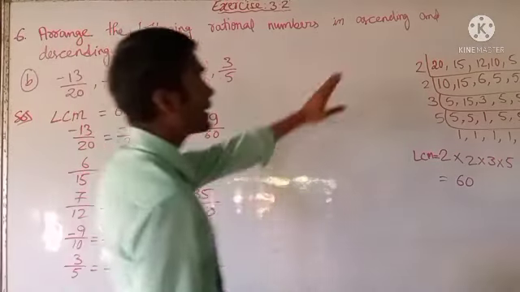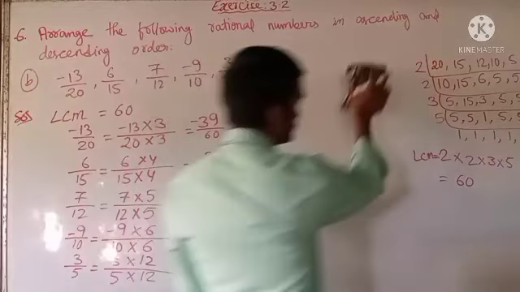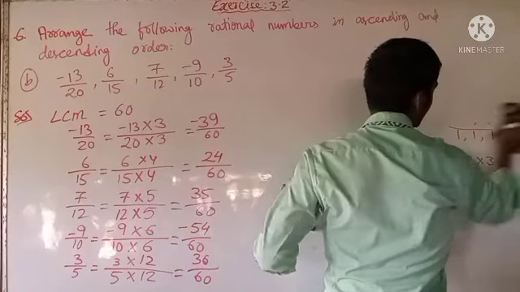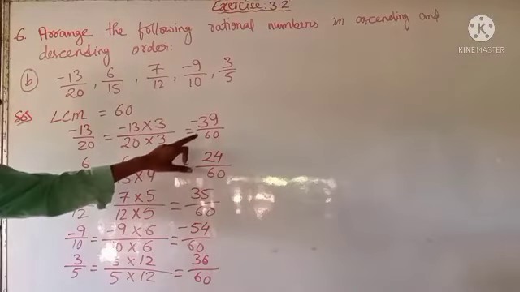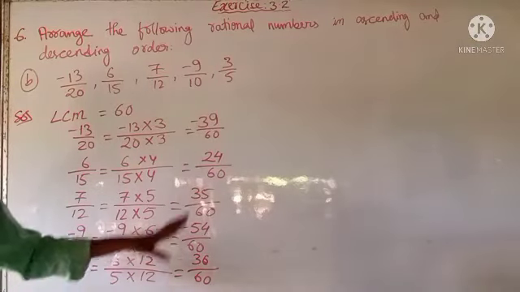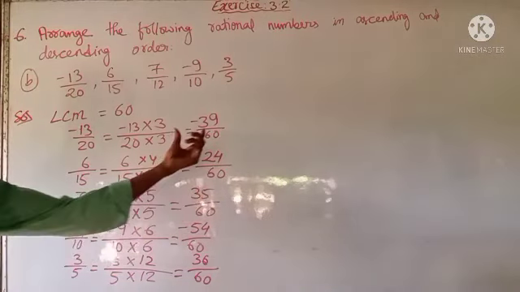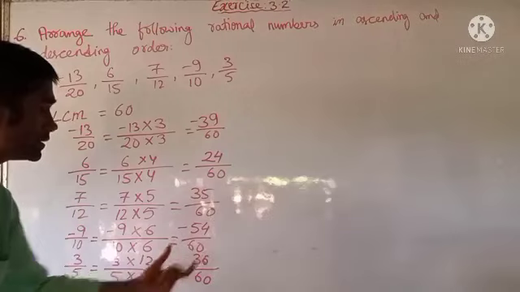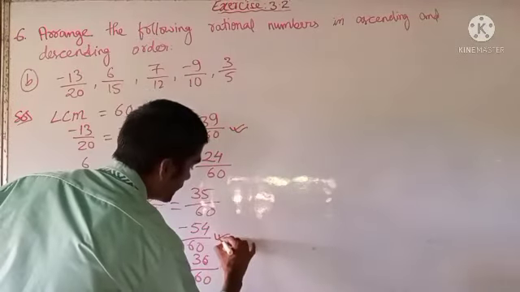So first we will arrange in ascending order. Among these, which one is the smallest? The one which has the minus sign is the smallest. But here we can see two minus signs: minus 39 by 60 and minus 54 by 60.